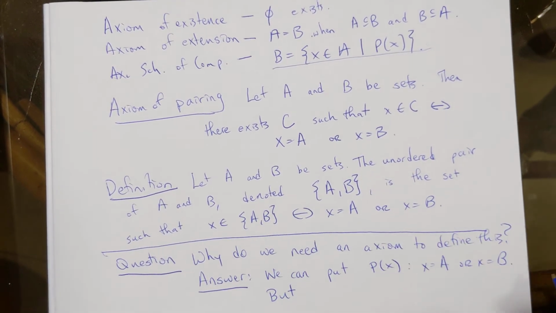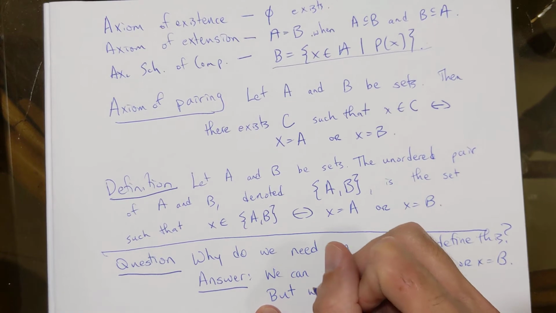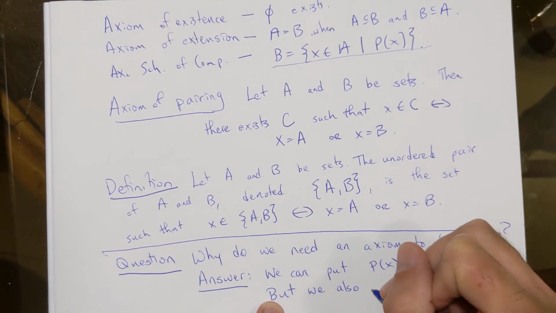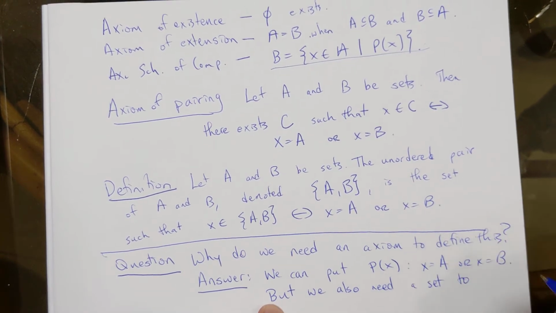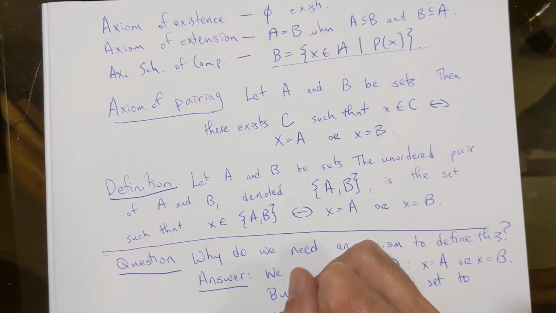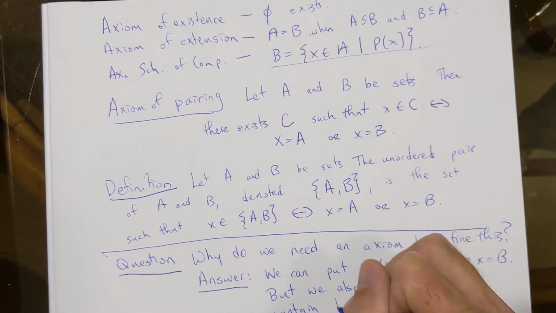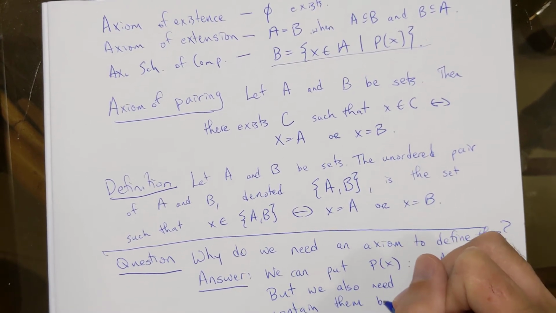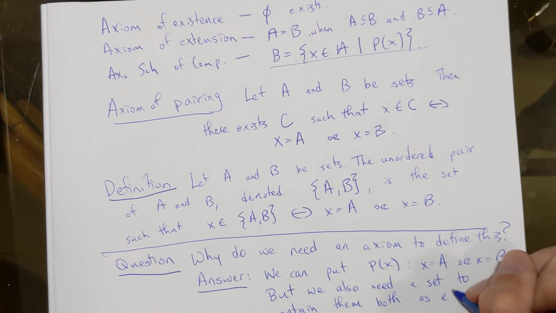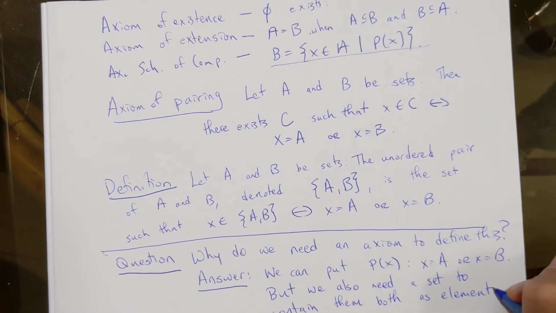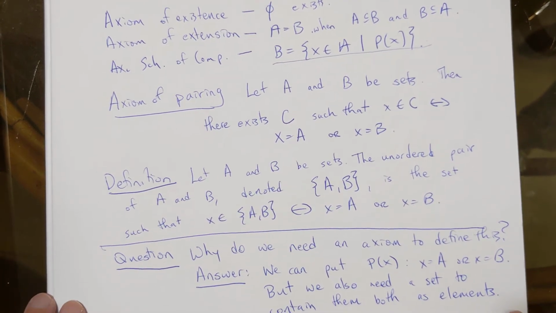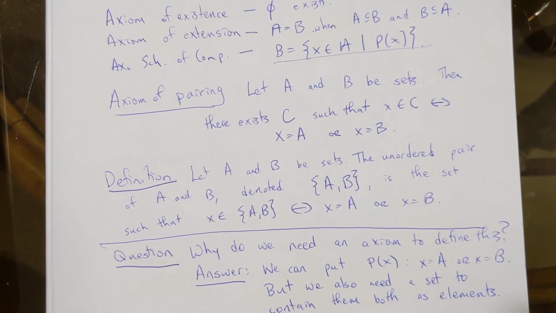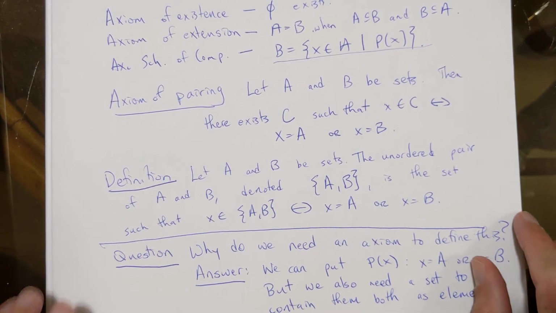So we can find a property, but we also need a set to contain them both, and this axiom provides that for us. And let us prove this little proposition.